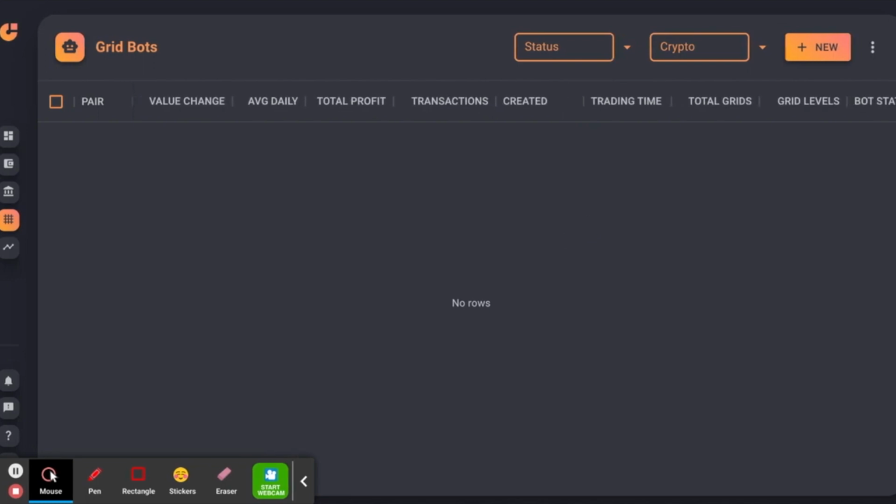Trading times, total grids, grid levels, bot status. All of those things are going to be good information for you while you're watching these automated bots kind of do their thing, work their magic. And you can also create a new bot straight from these two areas, okay?